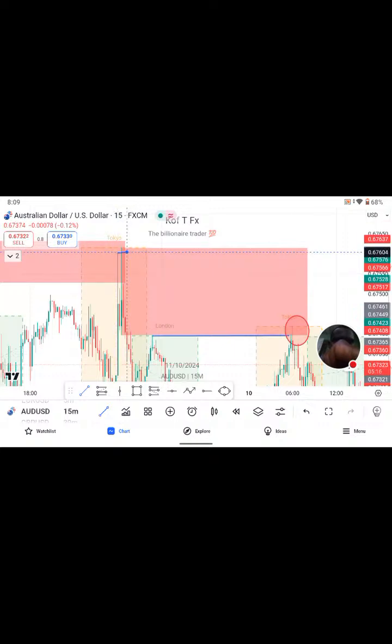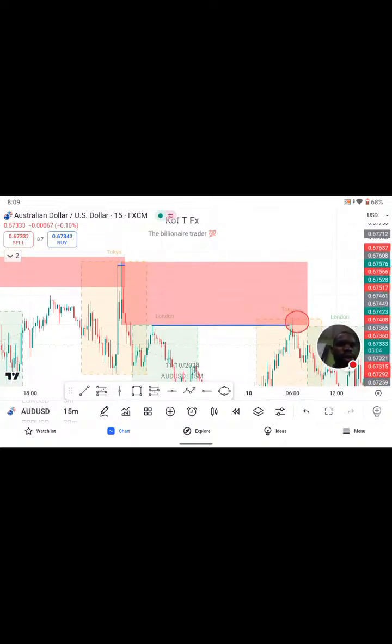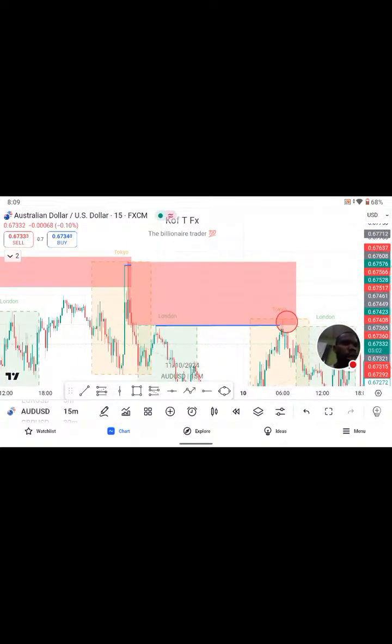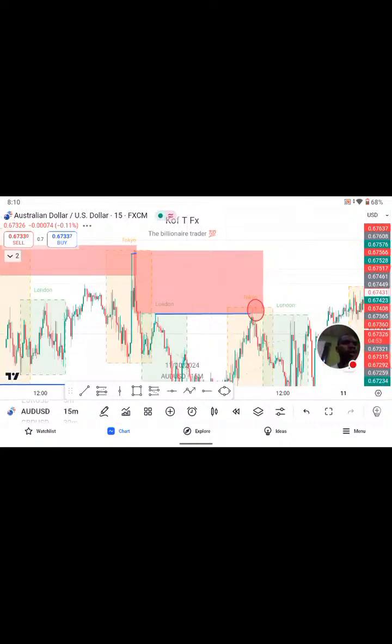As you can see, it took out the liquidity, and it is the highest candle over there. So that's the other block I considered. Price has already mitigated, but if you go to a lower time frame, it is possible for us to still find some areas of unmitigation in that POI.